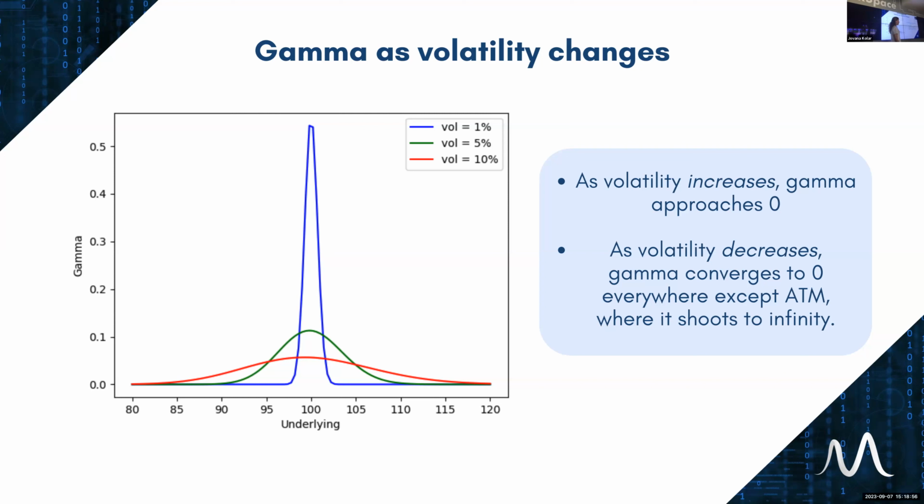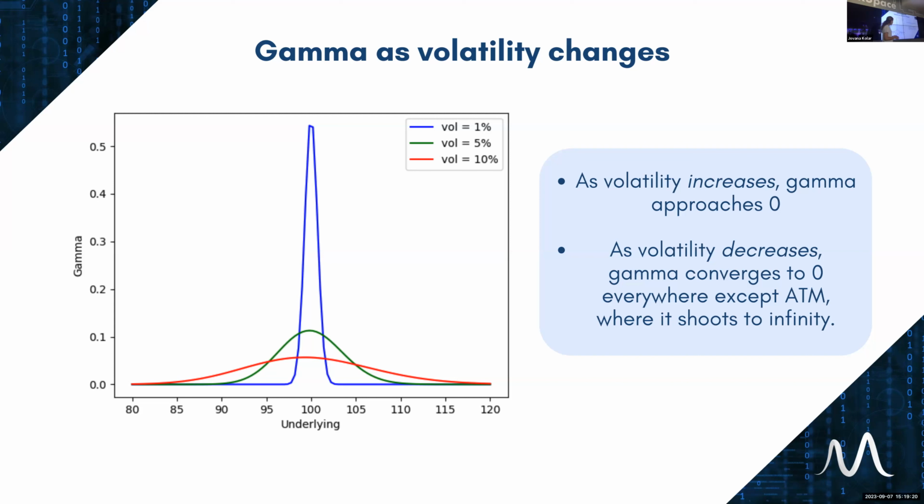It shoots to infinity because your delta is just going from 0 to 1. It's like an infinite gradient step function. And then everywhere in the money, there's a higher change in your delta. Oh, sorry, your gamma is decreasing as you decrease volatility.